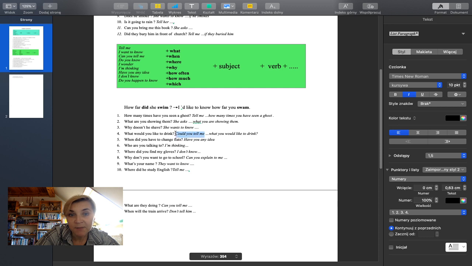Because the beginning of that indirect question has also the form of a question, while here the beginning of the indirect question was the affirmative sentence. The same here. She asks, tell me. Here we start the indirect question as a sentence. That's why we put the full stop at the end. While here, if we start, could you tell me, we start it as a question, thus at the end we have the question mark. So now, could you please complete sentence number 5?